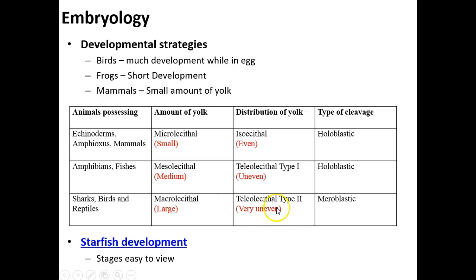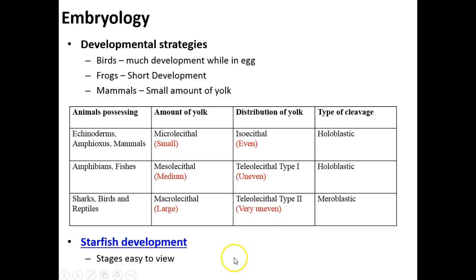It's a teleolecithal type 2. If you think about it, crack open an egg, the yolk is clearly separated from the white. So in other types of organisms, you don't get that clear separation. So the type of cleavage, it's a little different. Meroblastic cleavage, we'll talk about that a little bit more, okay, as we're going through the class today.